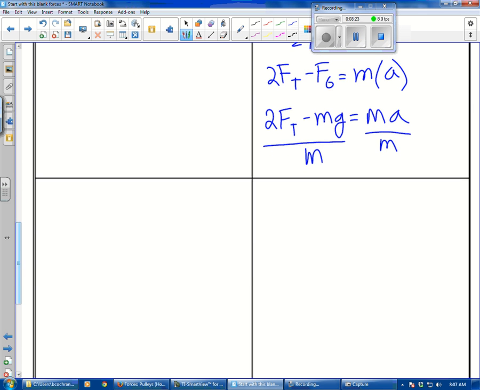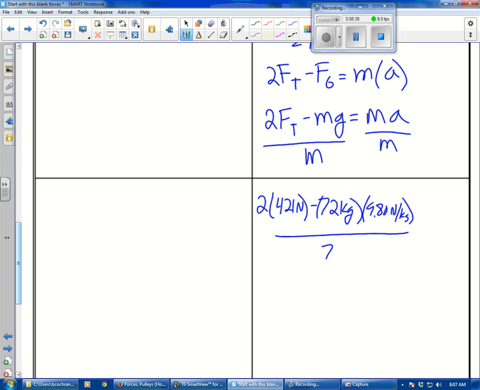Now I can substitute in what I know. 2 times 421 newtons minus 72 kilograms times 9.80 newtons per kilogram, all over 72 kilograms will equal a. And hopefully I get a positive value so it's moving upwards.